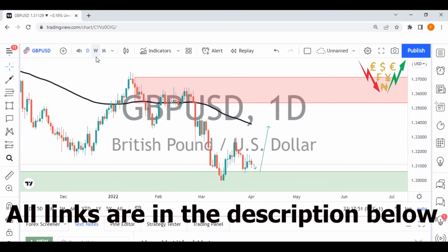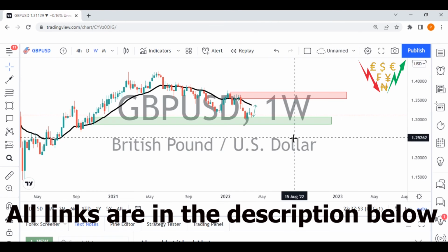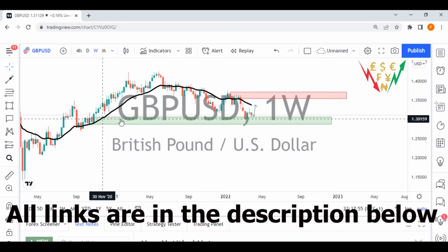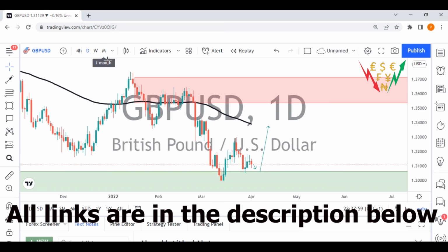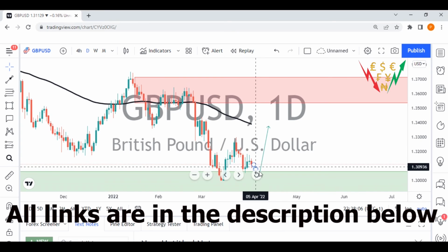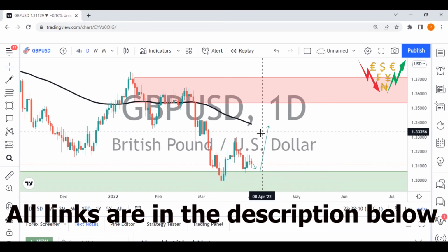And mind you, don't forget, we still have this very good demand zone here on the weekly chart, and we also have it confirmed here on the daily chart. We expect the price, worst case scenario, to come back into that zone and react upwards.